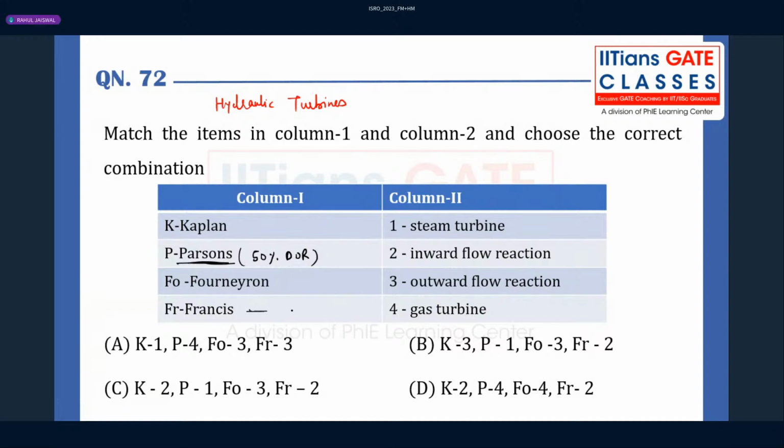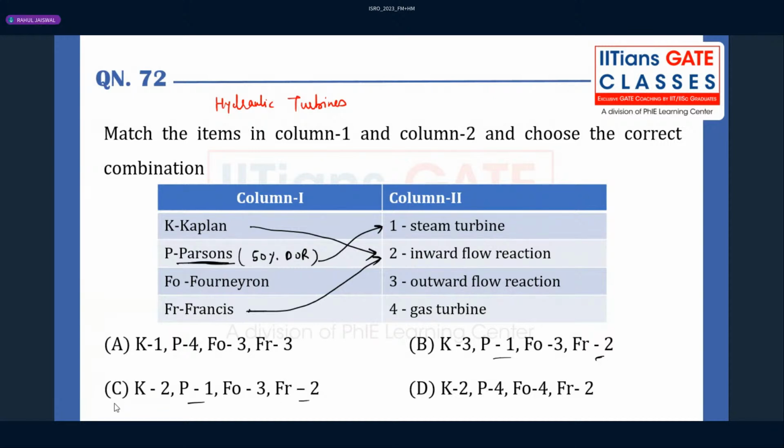Francis turbine will be again inward flow reaction turbine. And Parson reaction turbine will be this one. So P will be for one. Only we have two options. Then K will be for two, and here Francis turbine will be two.